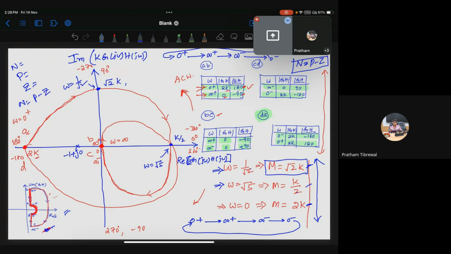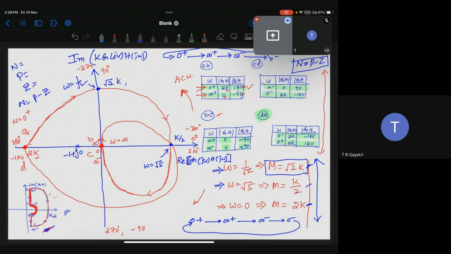So how many encirclements is this curve doing? Sir, without knowing the k value, how can we decide the encirclement? That's where I'm coming to that point.